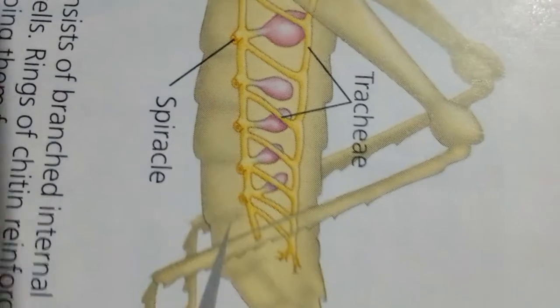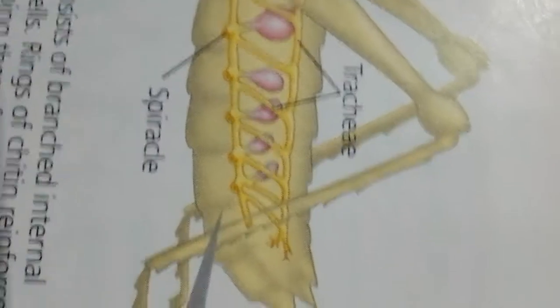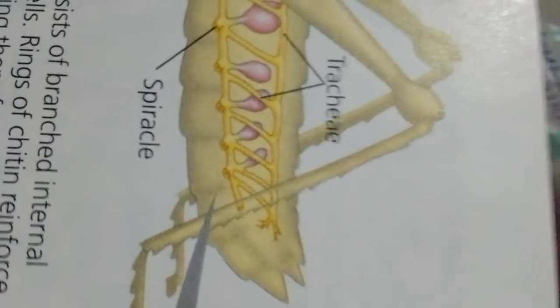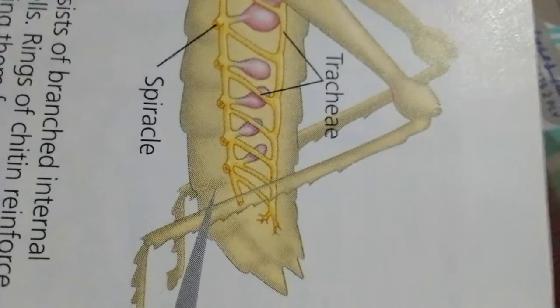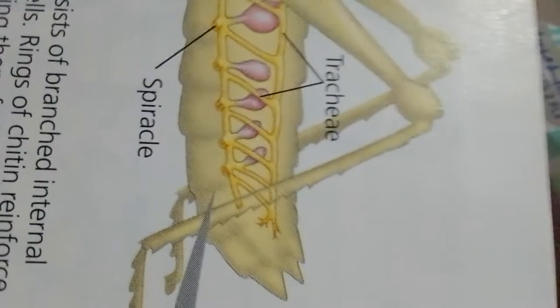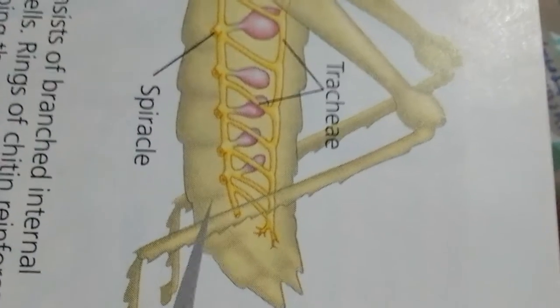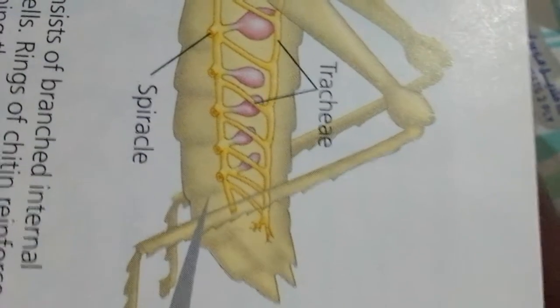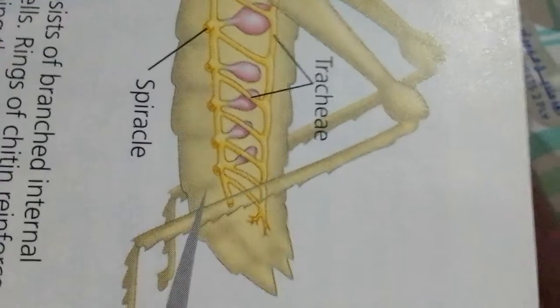With virtually all body cells within a very short distance of the respiratory medium, the circulatory system of insects is not involved in transporting O2 and CO2. For a small insect, diffusion through a trachea brings in enough O2 and removes enough CO2 to support cellular respiration.